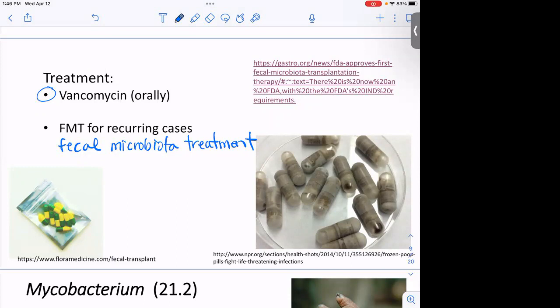More recently, they've been able to do this without using an endoscope. They've been able to put the donated feces in a capsule. When they first started doing it, the only capsules that would dissolve at the right time were clear. So unfortunately, patients had to swallow these clear capsules with fecal matter in them.